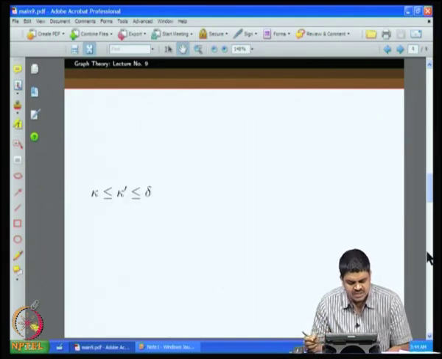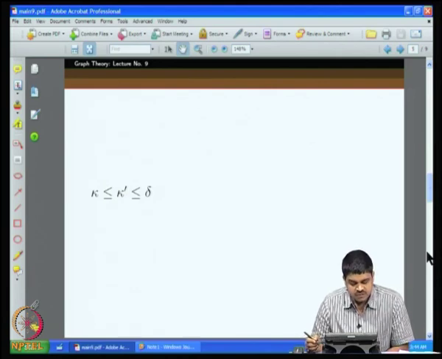Now, we can quickly see one interesting observation. The vertex connectivity is always less than or equal to edge connectivity, and that is going to be less than or equal to minimum degree. Because if kappa dash happens to be the minimum number of edges that is to be removed so that the graph gets disconnected, you can remove one endpoint from each edge.